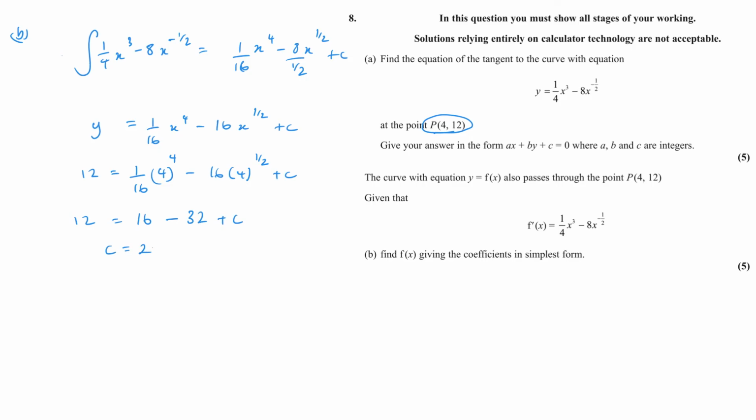So c equals 28. So my equation is 1 over 16x to the 4 minus 16x to the half plus 28. Okay, and that is it done.